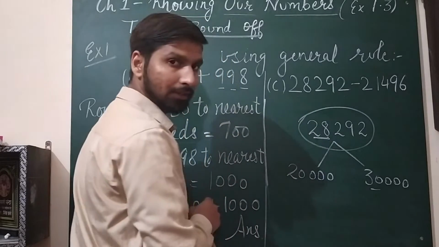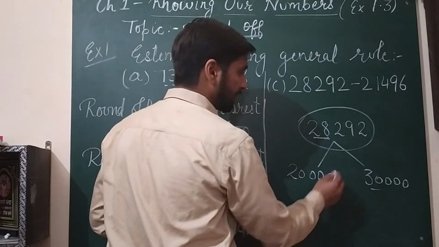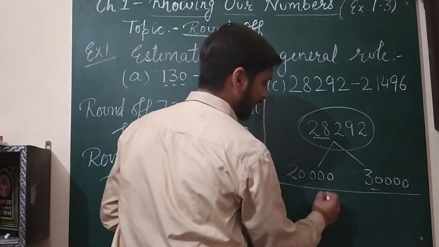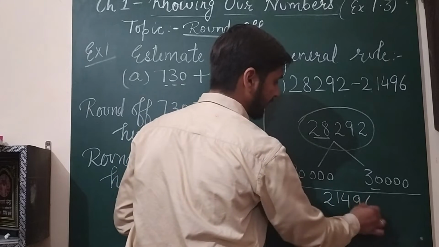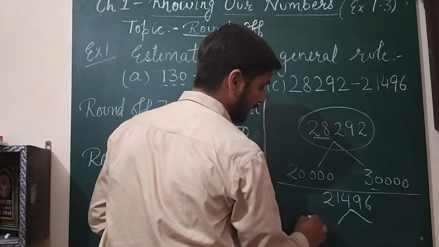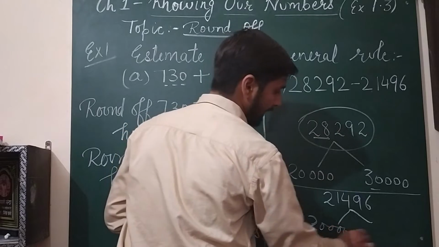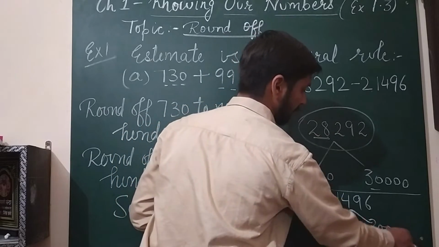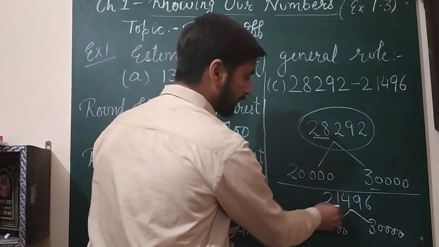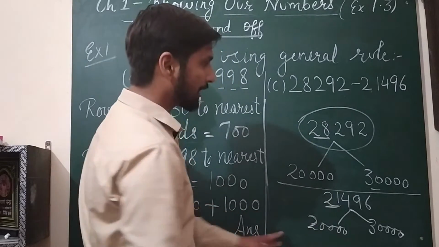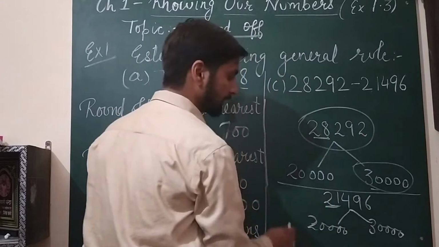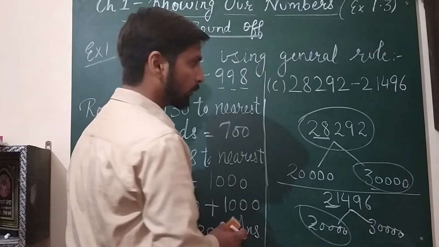So if I round off 28,292 to nearest 10,000s, it will be written as 30,000. Similarly, if I move to 21,496, it again lies between 20,000 and 30,000, but 21,000 is nearer to 20,000. So I'll take here 30,000 and here I'll take 20,000.